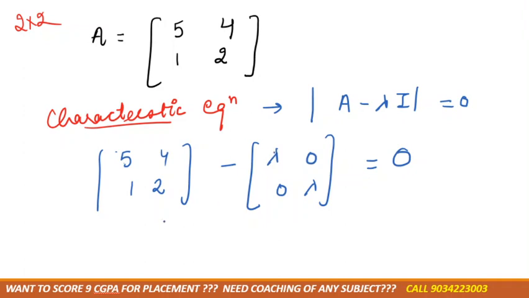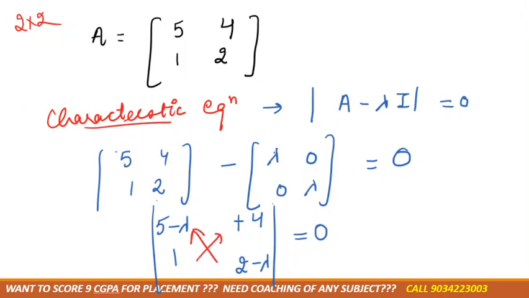If I solve it further, then it is 5 minus lambda, minus 4 minus 0 plus 4, then 1 minus 0, 1 minus lambda, okay, is equal to 0. Now we need to multiply, that would be 5 minus 2 minus, equal to 0, correct?